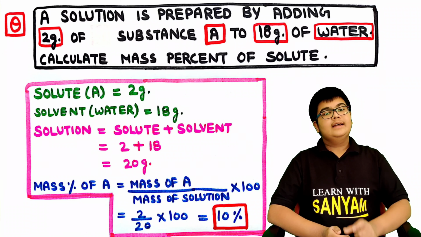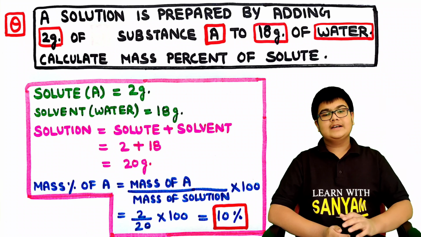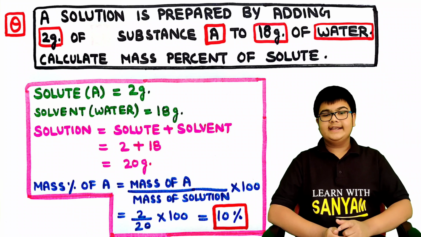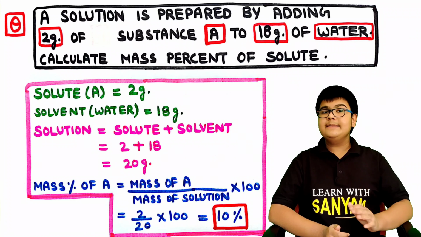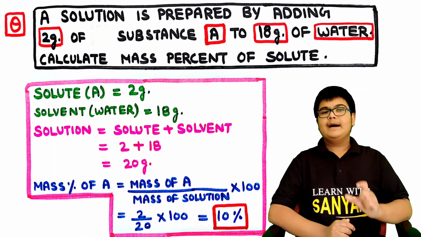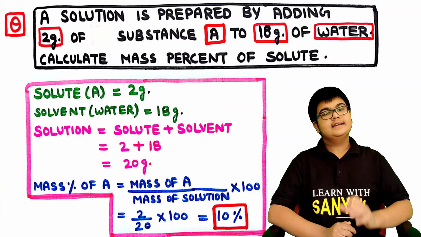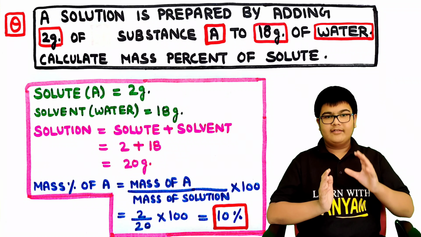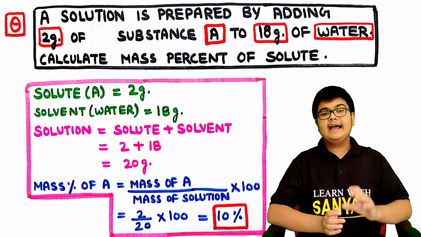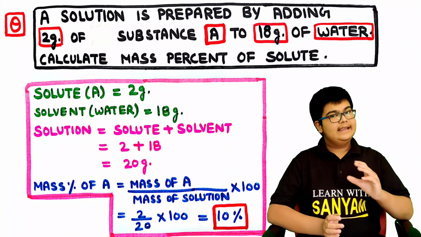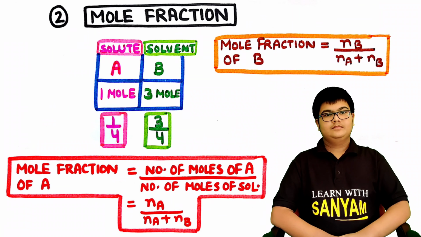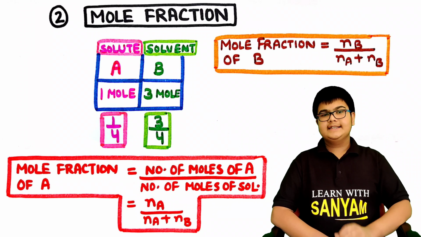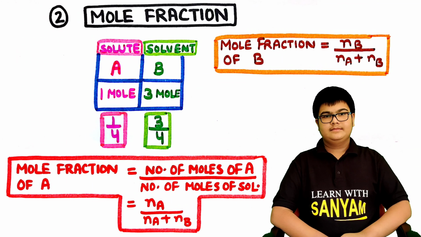Therefore, by substituting the values of mass of A and mass of solution, we will get the answer as 2 by 20 into 100, that is 10%. So the mass percent of A is 10%. That means that if we take 100 grams of solution, then in that 10 grams of A substance will be there.